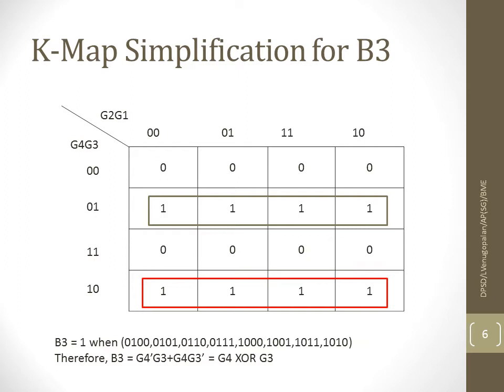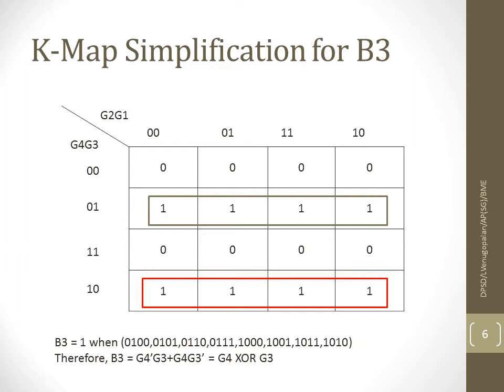Now if I populate the output, B3 is 1 for the following inputs: 0100, 0101, 0110, 0111, 1000, 1001, 1010 and so on.